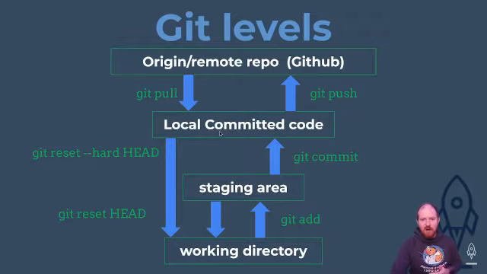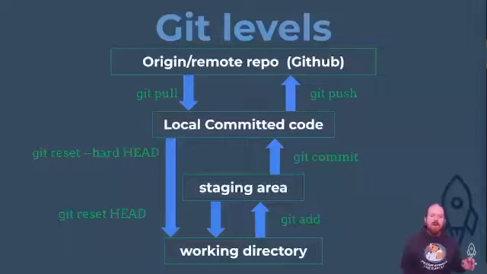If you have code that you have not committed yet that you just want to scrap, you can just hit git reset --hard, and it will go back to your last committed code.